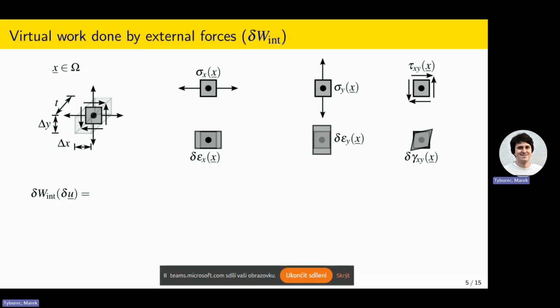I usually wrote it down without this dependence on delta U, but it's obvious because we already derived it this way. So this is something that we need in a few dozen minutes. So if this is clear, then we can proceed.